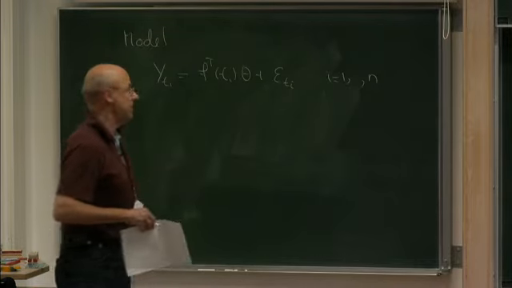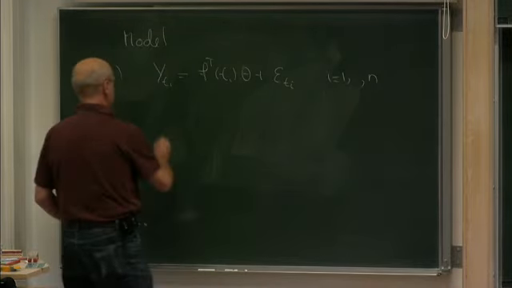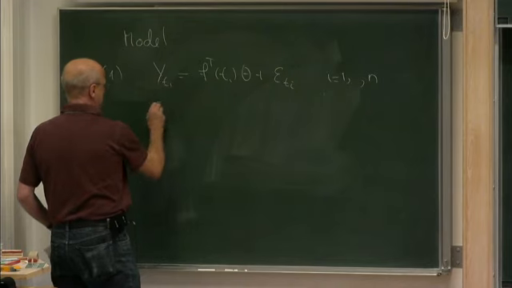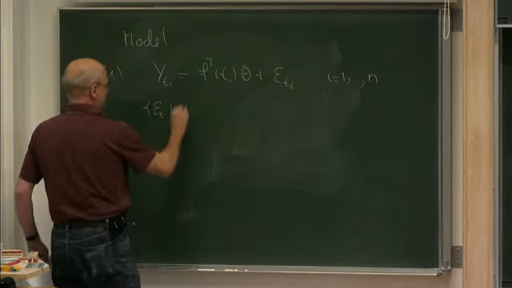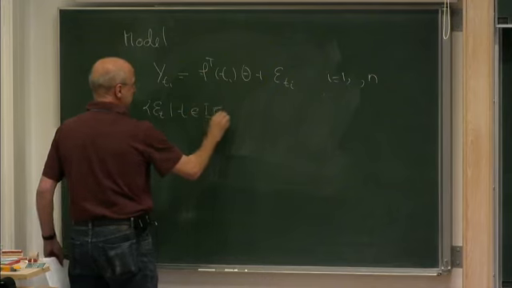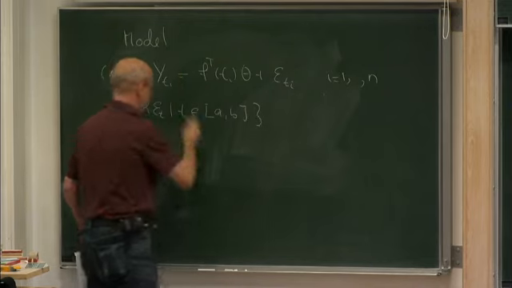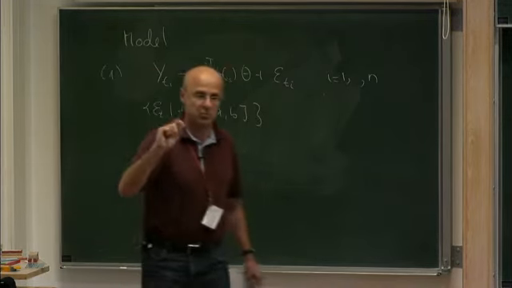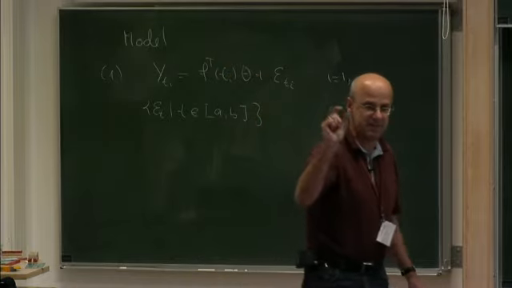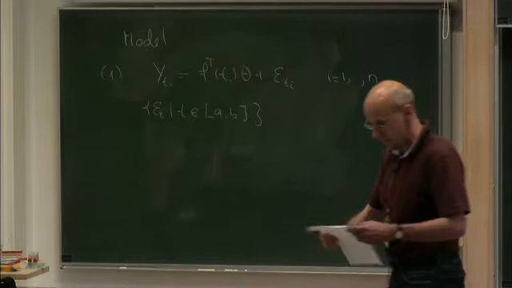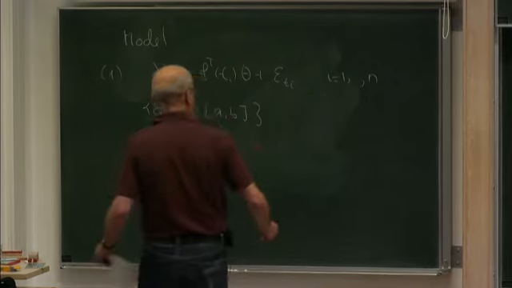So the process of correlated observations: epsilon t is a Gaussian process. A Gaussian process is nothing terrible, just a family of random variables with certain properties. They are normally distributed, and then you have certain covariances. Okay, so this is a Gaussian process.